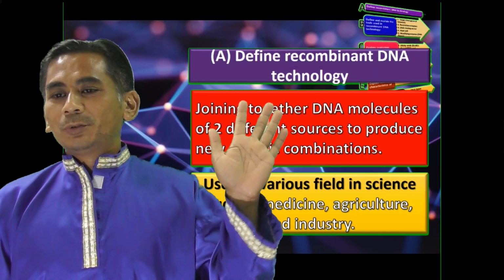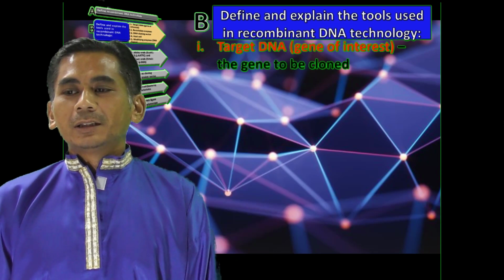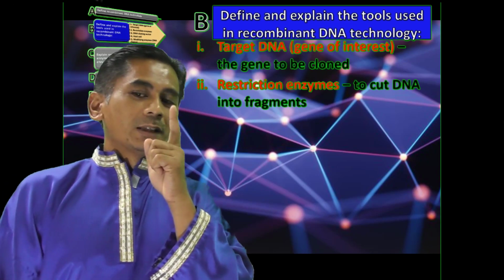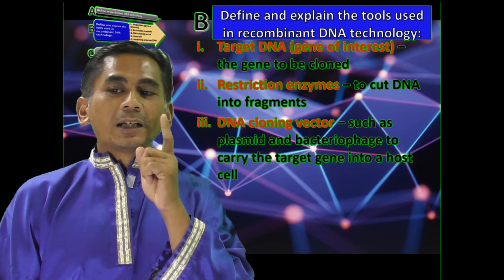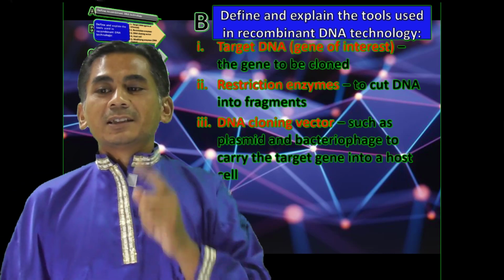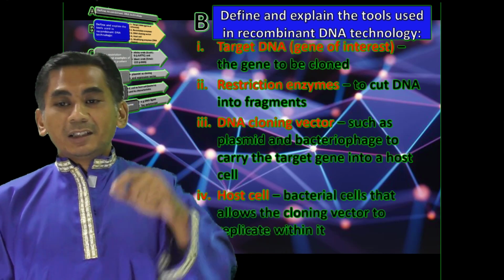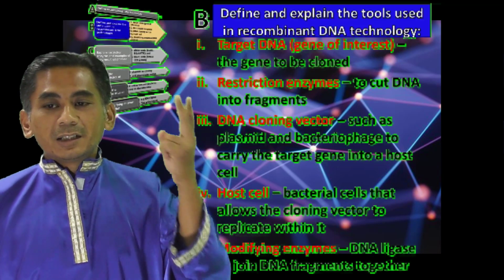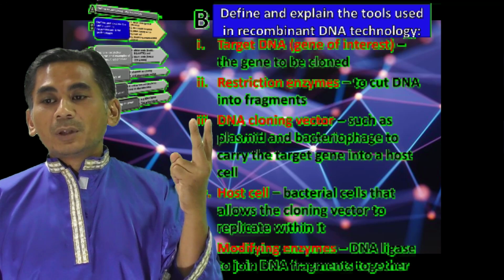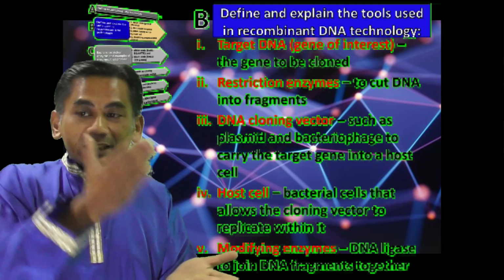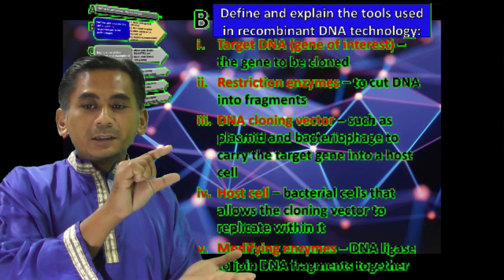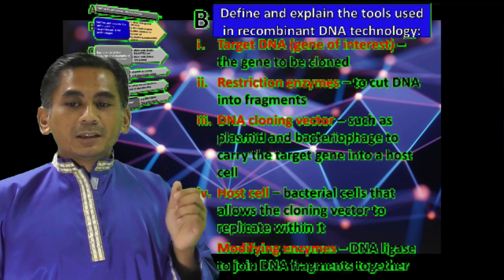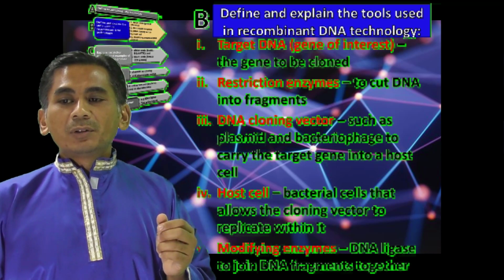There are 5 tools needed for recombinant DNA technology. The first one is target DNA, also known as a gene of interest. This is the gene selected to be cloned. The second is restriction enzyme, which is used to cut DNA into fragments. The next tool is DNA cloning vector.